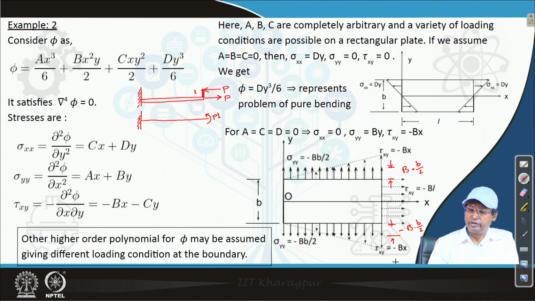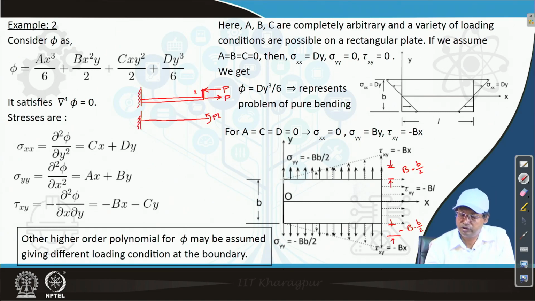But please note that tau is varying with x, and along this boundary it is also varying. Here there is no stress acting on this boundary. In this boundary x's value is 0 and sigma y is not having any component of x.